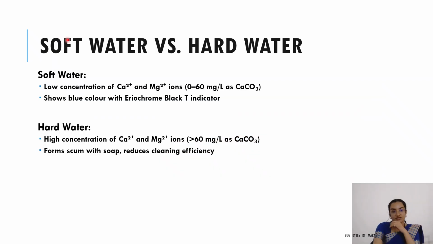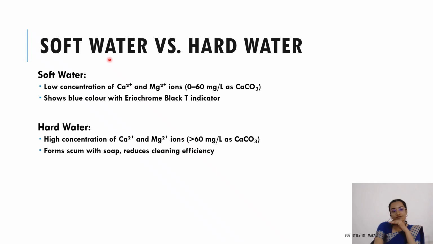So, what is the difference between soft water and hard water? Soft water has a very low concentration of calcium and magnesium ions. It ranges from 0 to 60 mg per liter as calcium carbonate.